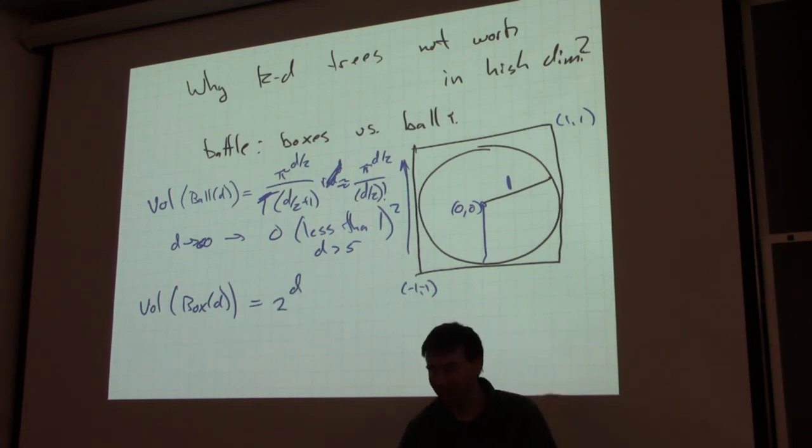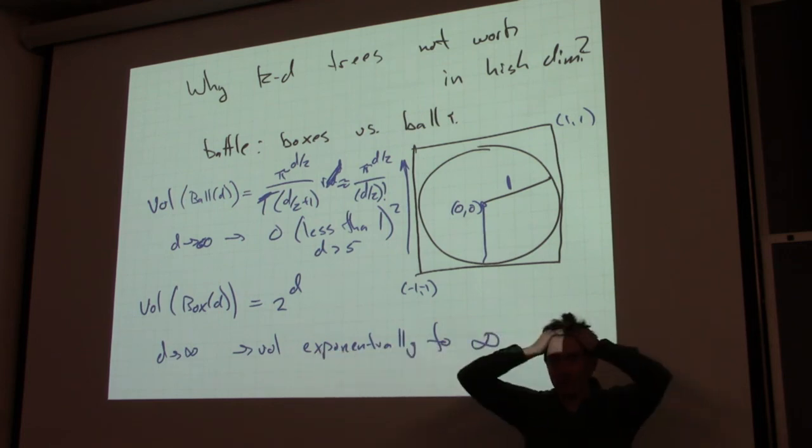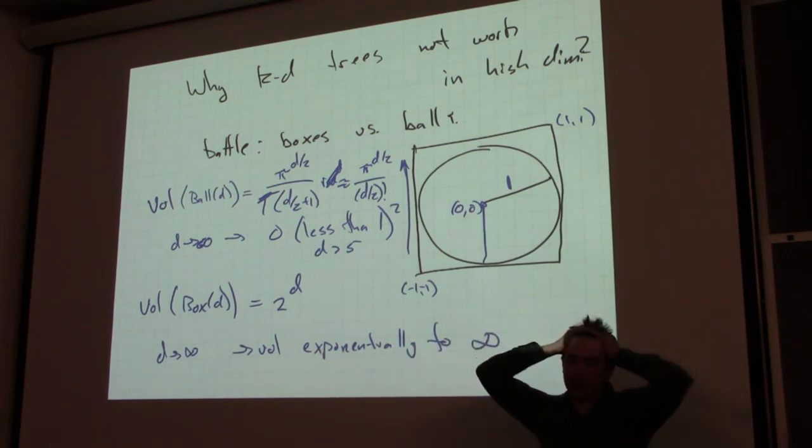This was easier, right? Well, what happens as d goes to infinity? The volume goes to infinity. It grows exponentially quickly, the volume of the box. Whereas the ball gets smaller.